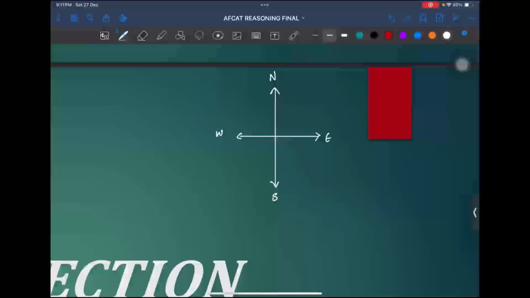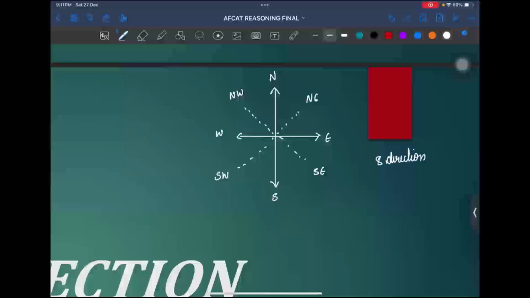I guess you all know the directions, majorly these four. And there are some other points in the middle. This is called northeast, this is southeast, next one this is southwest, and this is northwest. So majorly you have 4 directions, and if you consider sub-directions, it will become a total of 8 directions.